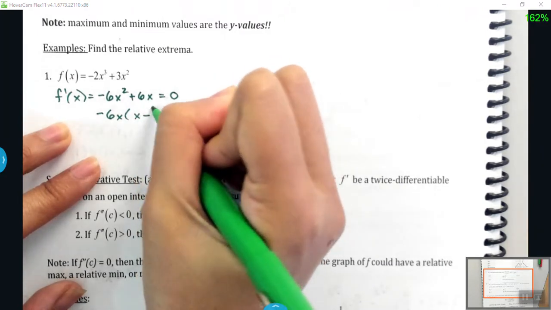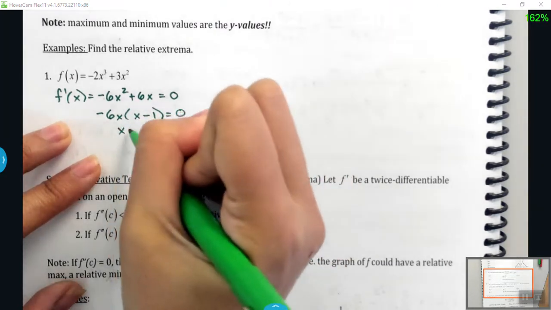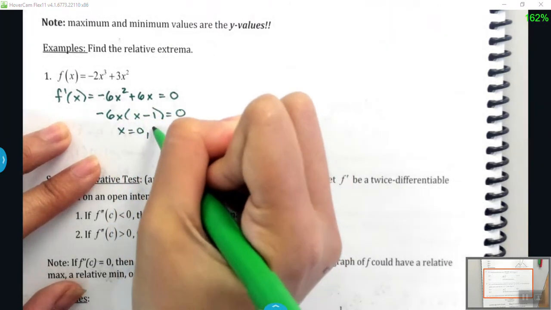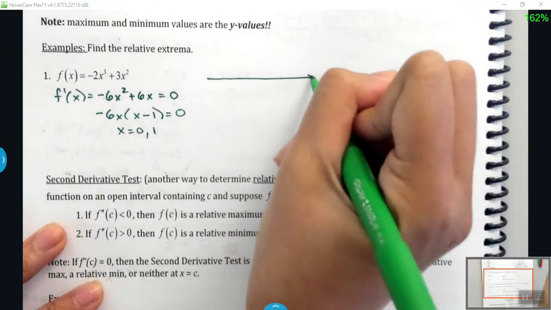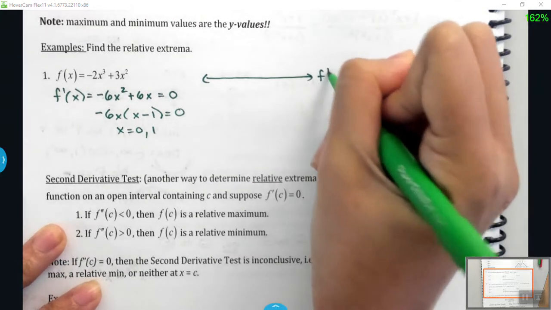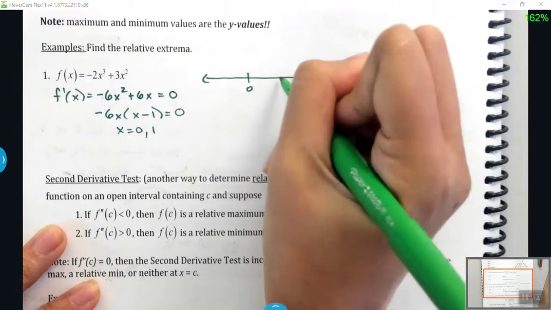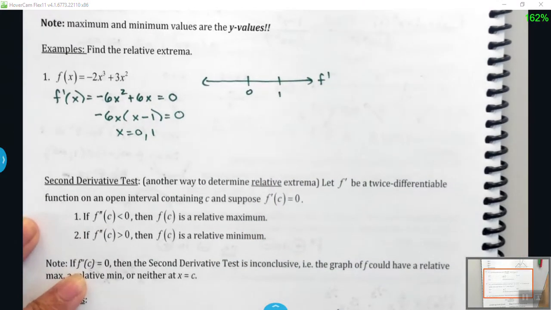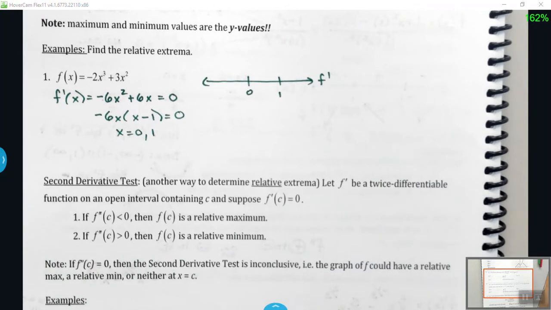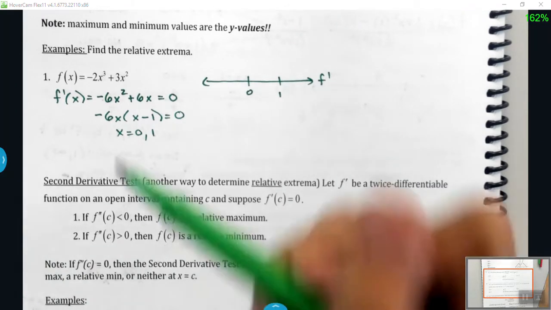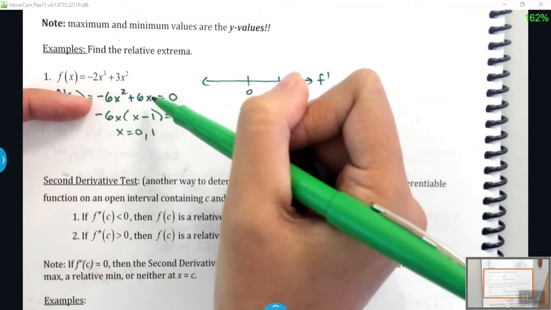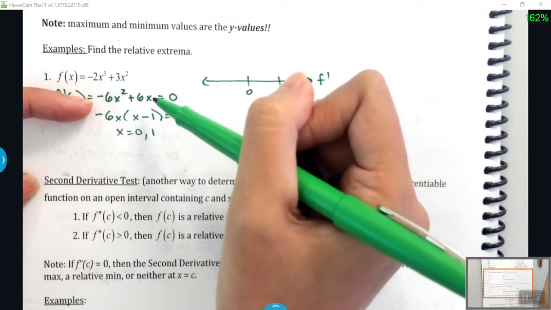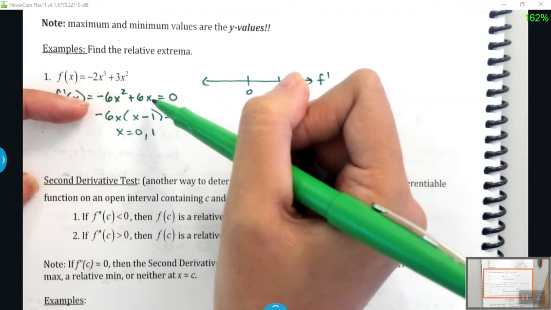X minus 1 equals 0, so x equals 0 and 1. Number line for f prime, at 0 and 1. Then you can either test your numbers, or you know that the derivative is a parabola pointing downwards.